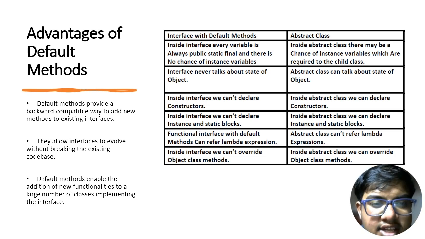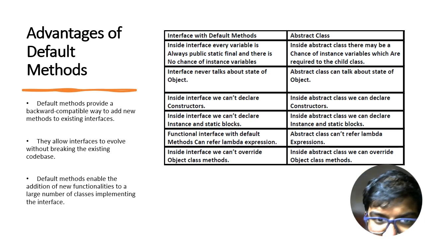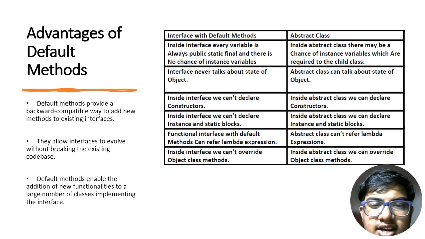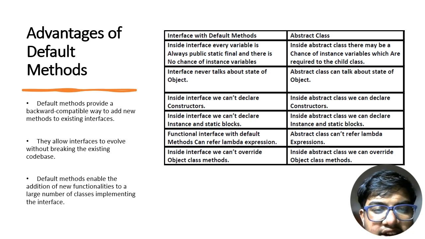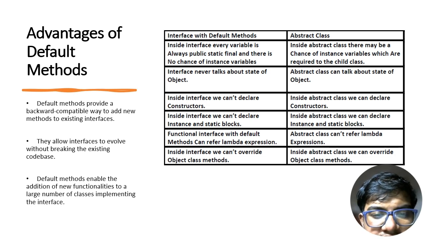Again, interfaces never talk about the state of the object, while an abstract class can talk about the state of the object. Inside an interface we can't declare constructors, while inside an abstract class we can declare constructors. Inside an interface we can't declare instance and static blocks, while in an abstract class you can declare instance and static blocks.